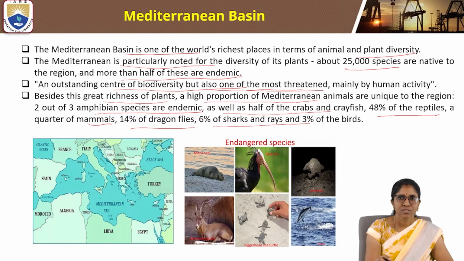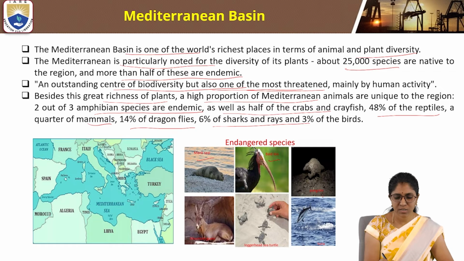Endangered and endemic species in the Mediterranean Basin include the monk seal, bald ibis, and pangolin.